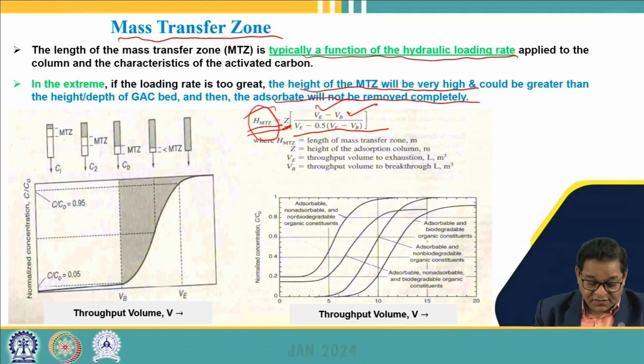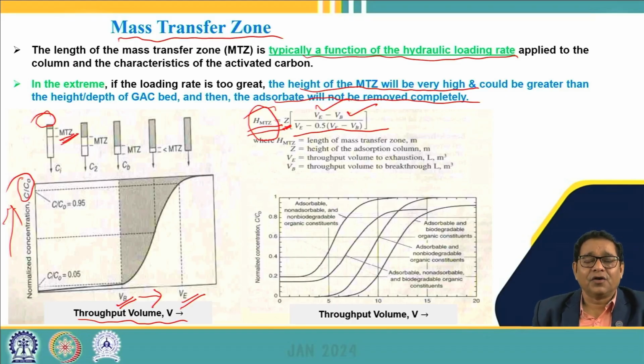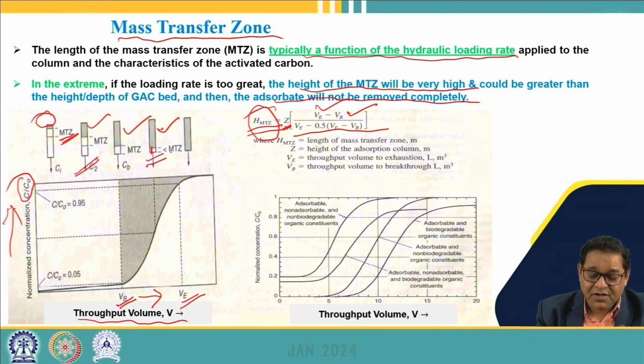If we further analyze the breakthrough curve, here this is the throughput volume of the water at the point of breakthrough, and this is at the point of exhaustion, and this is the normalized concentration. In the beginning, if this is the height of the mass transfer zone, the column has sufficient height where the adsorption process can occur, but as soon as the adsorption proceeds, the adsorbent bed gets exhausted and the height increases, and finally the condition arises when the depth of the column is even lesser than the depth of the mass transfer zone.